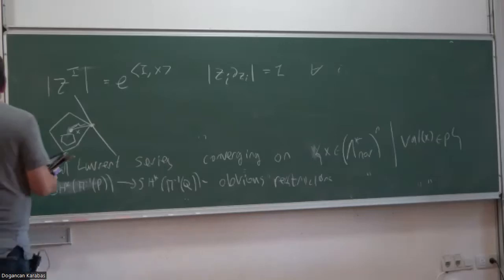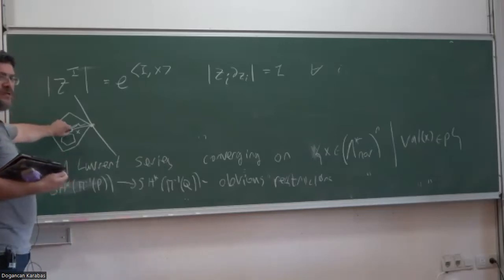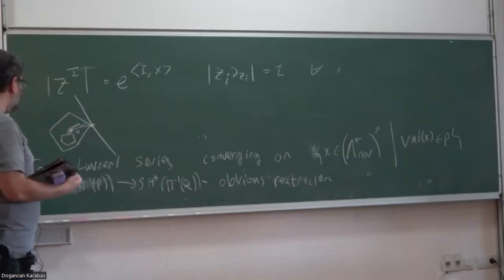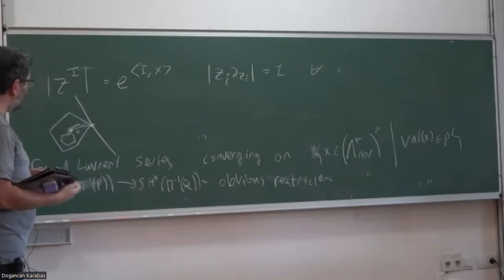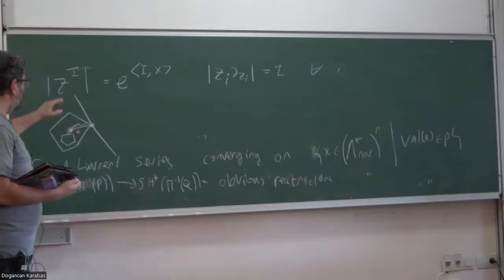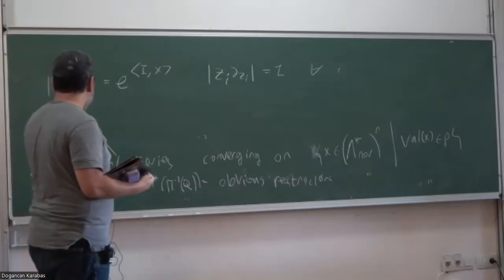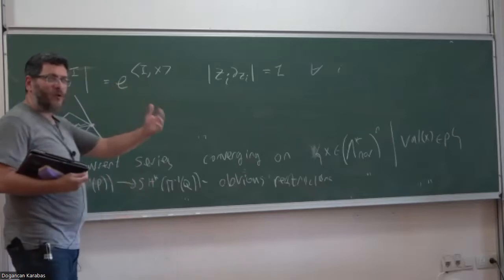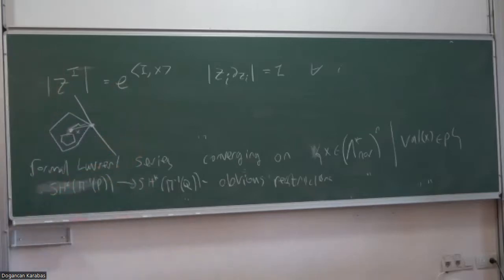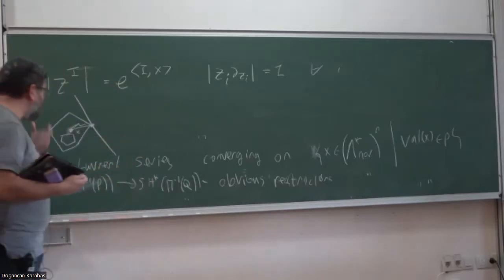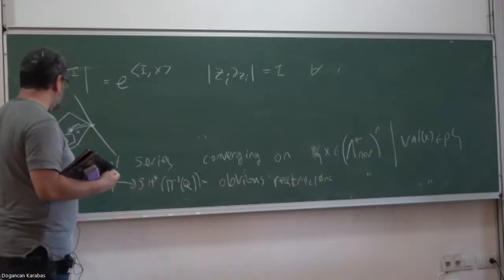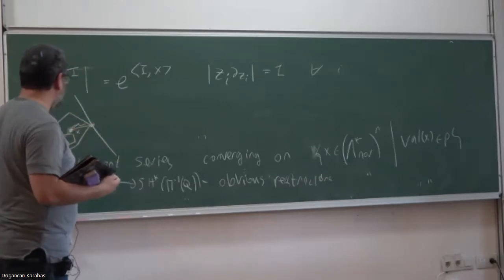The distance, so I arbitrarily picked a point, which I will take as my center, and then I want to describe, you give me a monomial, an element of this algebra, I want to say its norm. Or you give me a generator of this algebra as a vector space, and I want to describe its norm.